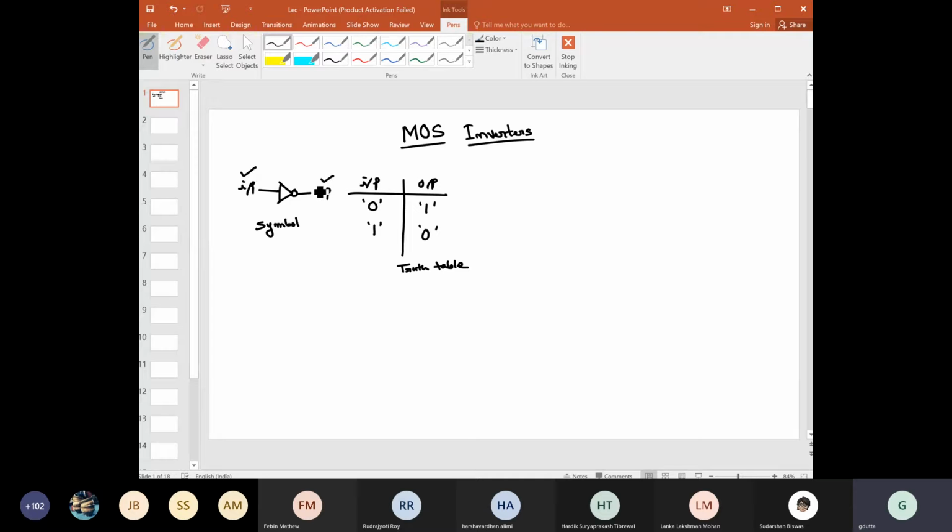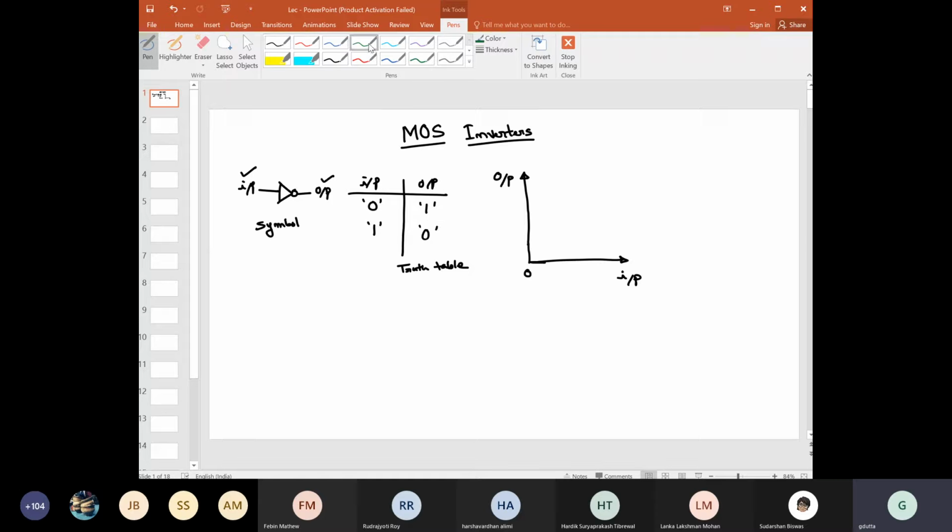So if this is the output and this is the input, and if I ask you, can you draw the voltage transfer characteristics of this particular inverter? Voltage transfer characteristics means you have to plot the output versus input characteristics, right? Let us consider that this inverter for the time being is an ideal inverter, right? So when the input is low, then the output is expected to be high, logic 1.